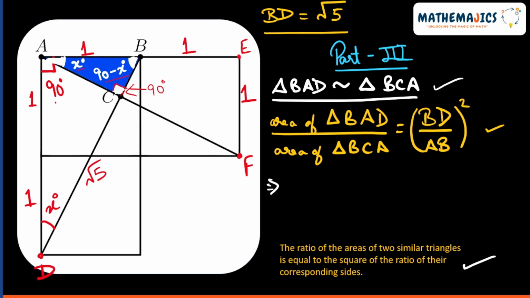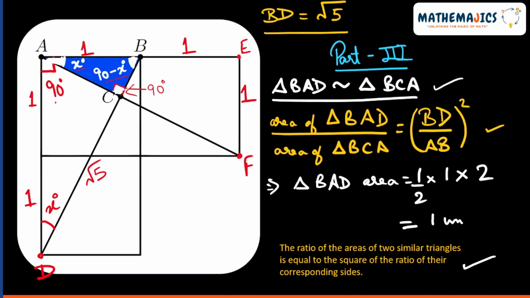Now, what is the area of triangle BAD? It will be half times base times height. The base is 1 and the height is 2, so the area of triangle BAD will be 1 unit square.